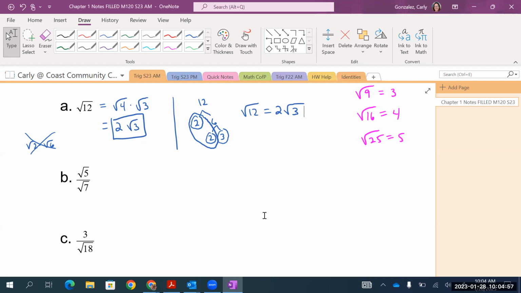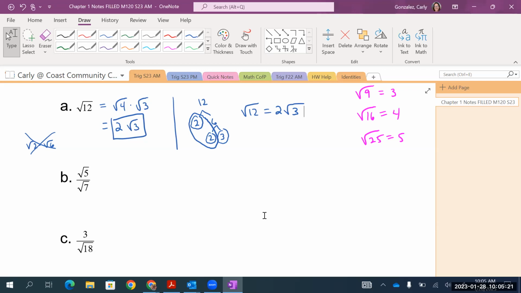Now, some textbooks and professors are softening on that rule, but a lot of texts require us to simplify further so that we do not have a radical in the denominator.